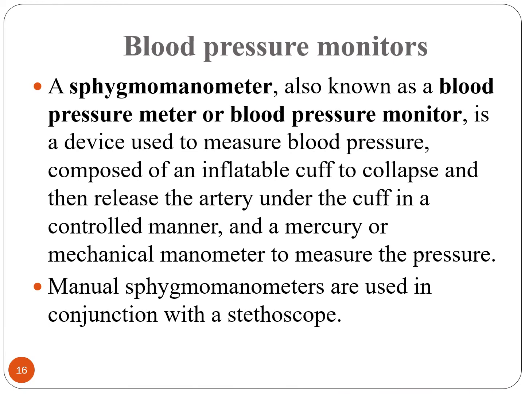We also have a common medical device used in practice, the blood pressure monitor, also called a sphygmomanometer. They are also known as blood pressure meters. They are devices used to measure blood pressure, composed of an inflatable cuff to collapse and then release the artery under the cuff in a controlled manner, and a mercury or mechanical manometer to measure the pressure.